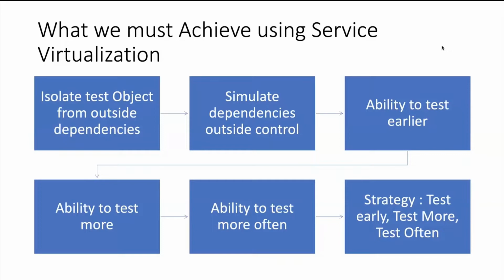Second, you need to understand and identify how to simulate dependencies which are not in your control. So how do we do this? Because when we talk about dependencies, there are certain challenges when we want to incorporate the behavior of a component in the test by using a mock or a stub. First, these components are not available on demand.